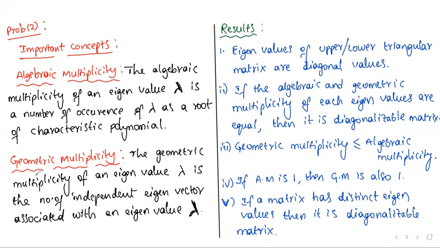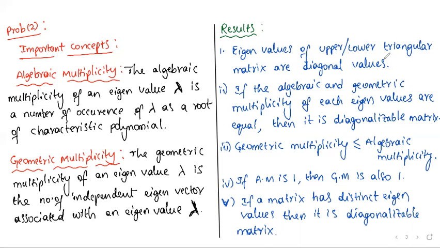And the next definition, geometric multiplicity. The geometric multiplicity of an eigenvalue lambda is the number of independent eigenvectors associated with the eigenvalue lambda. So that is the definition of geometric multiplicity, and some important results.